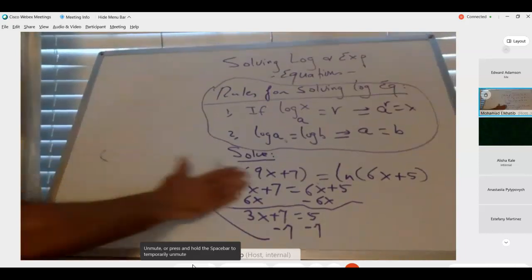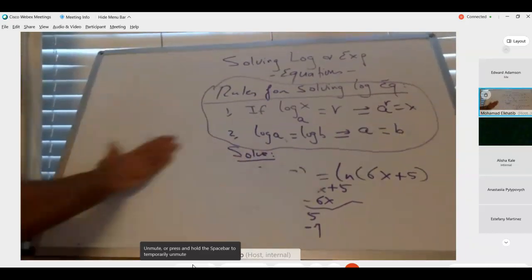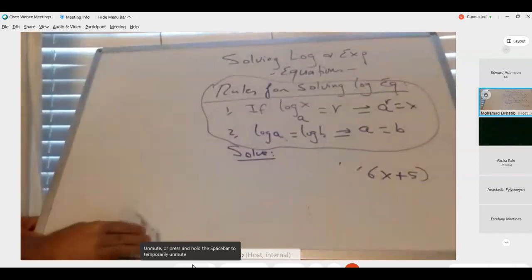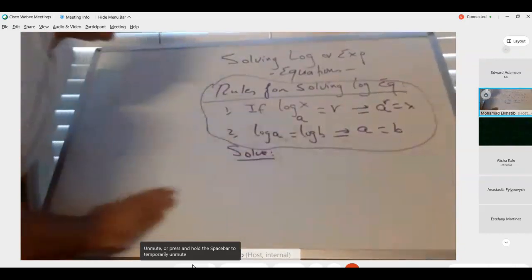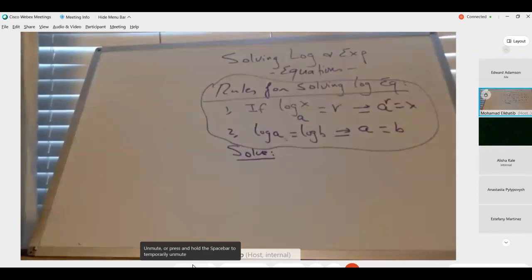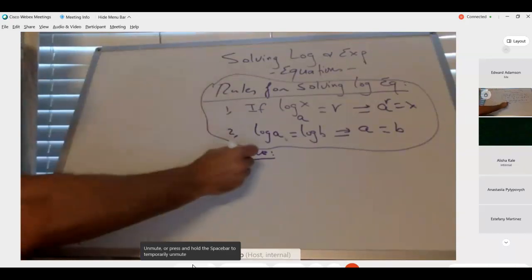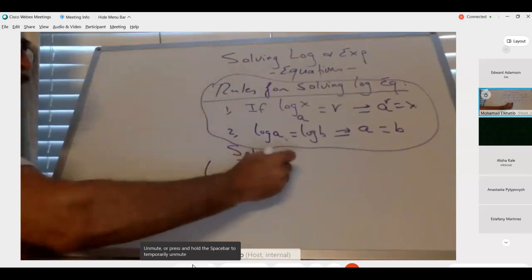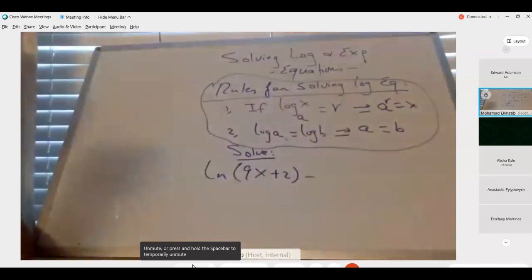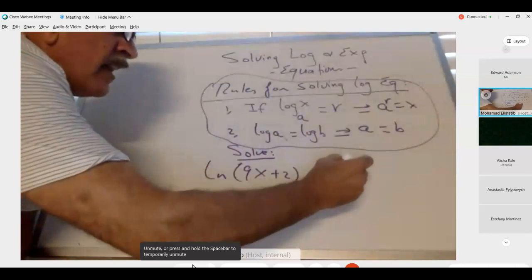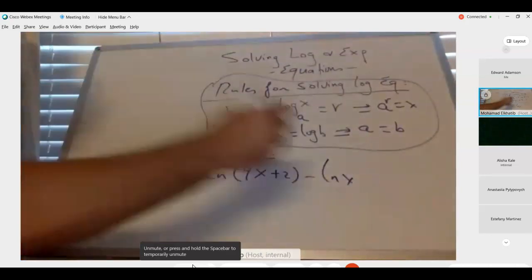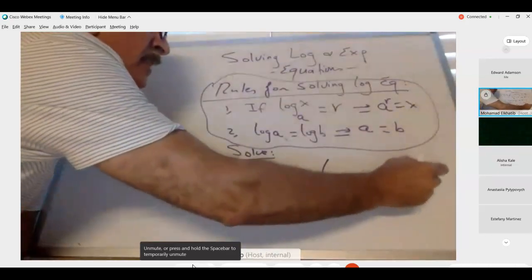Let's start another one. Now we're gonna make it a little bit harder. Solve ln of 9x plus 2 minus ln x equals ln 10.